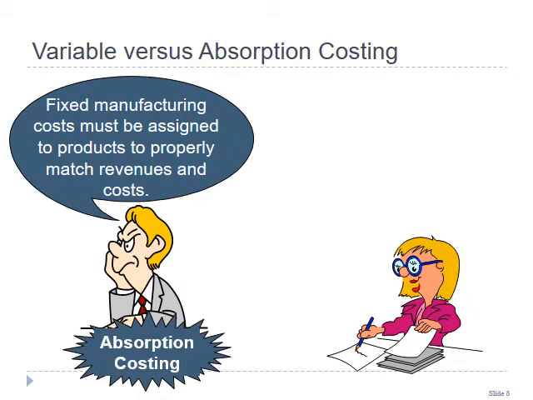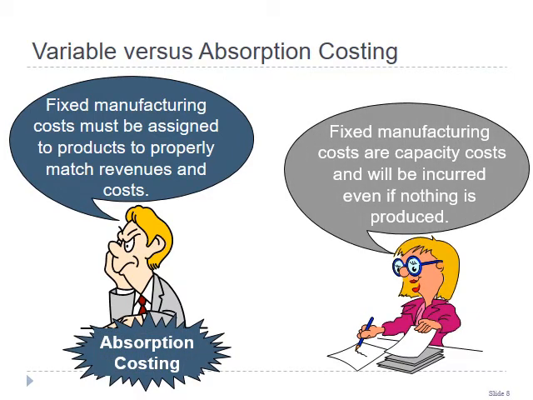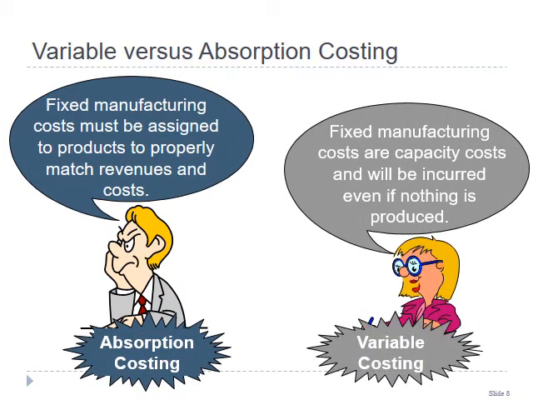So with all of these advantages of variable costing that we just learned in our previous slide, why is absorption costing still so prevalent? One reason, in addition to external reporting, relates to the matching principle, which advocates that it is better to match cost with revenue.